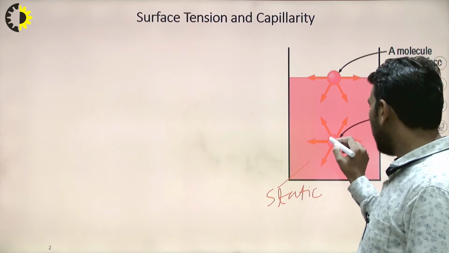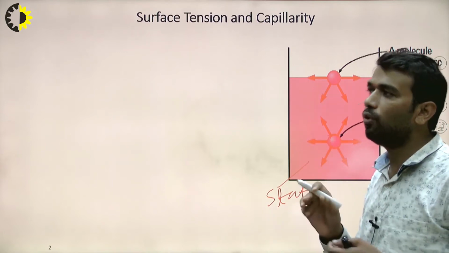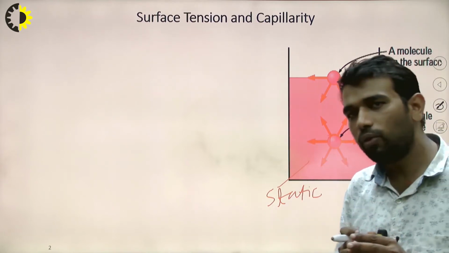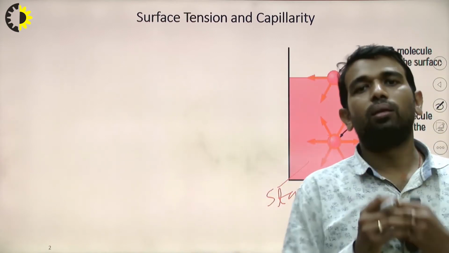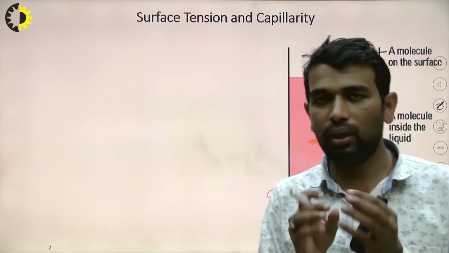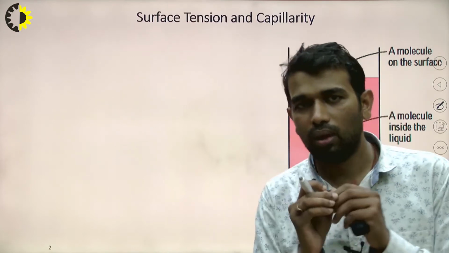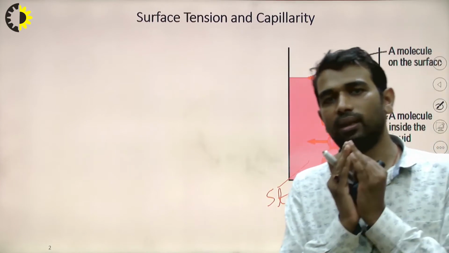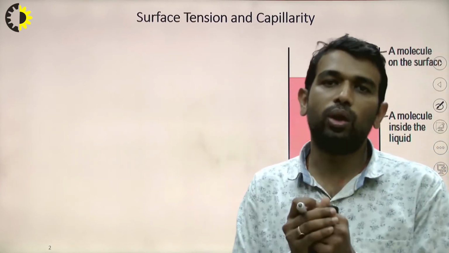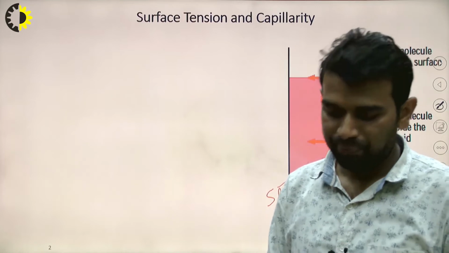Let us find out how the cohesive force acts. What is cohesive force? The force which acts between similar molecules. The molecule I chose is surrounded by the same fluid, so the surrounding molecules apply cohesive force on it.